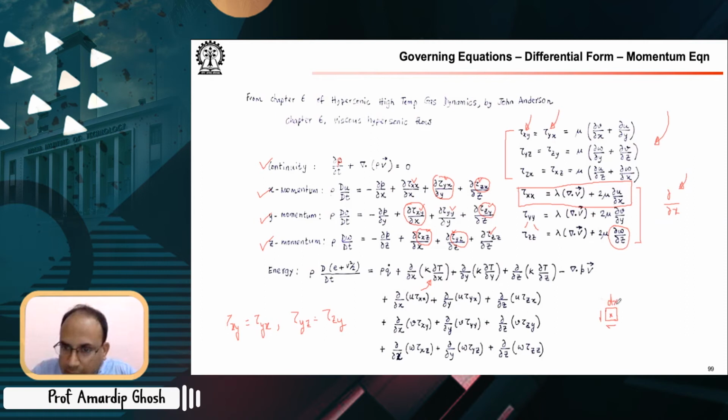We will see this in one of the subsequent slides. So the moment produced by this ends up becoming 0, and that's how your tau xy and tau yx become the same.